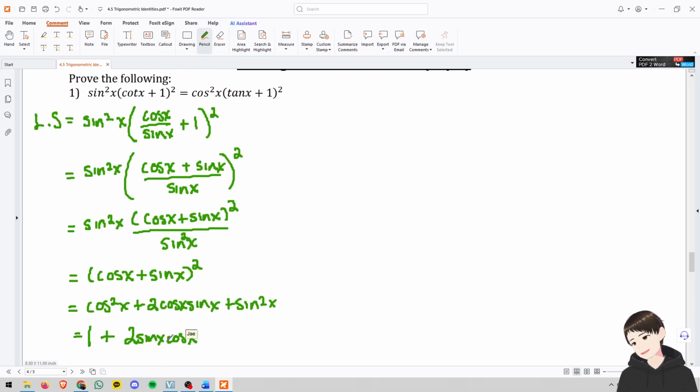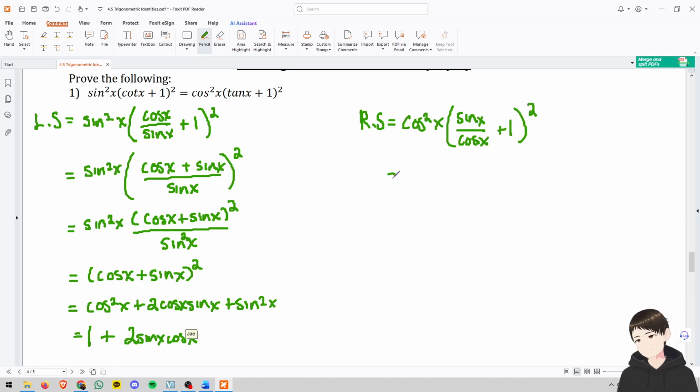Am I going to make an effort to turn it into this? I think it's actually easier if I start with my right side. I'm going to go through the same process, turning tangent into sine x over cos x, plus 1, all squared. This is going to be written as a single fraction. That will be (sine x plus cos x) all over cos x squared.